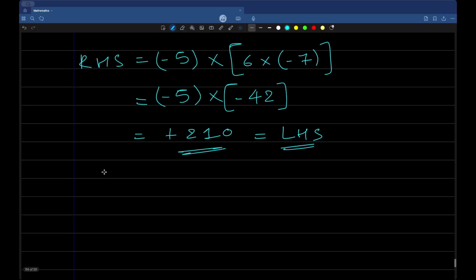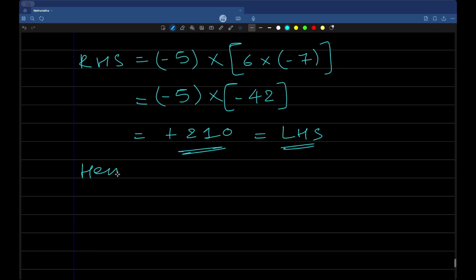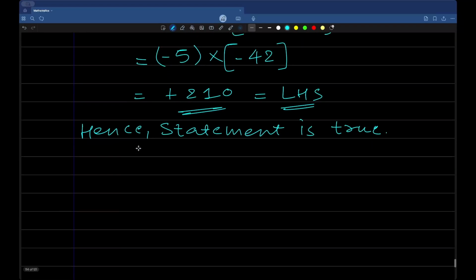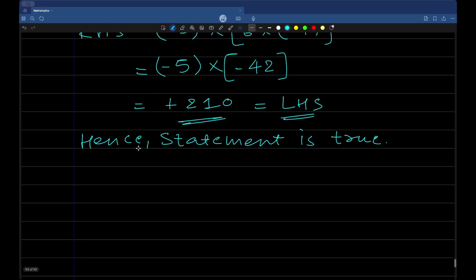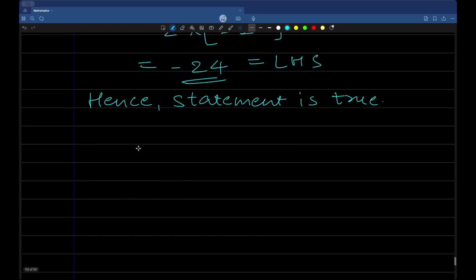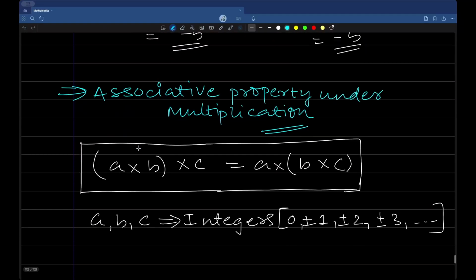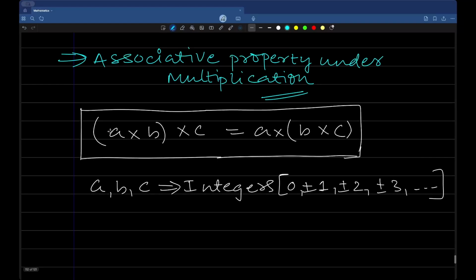So hence statement is true. We can take any three integers a, b, and c, and this condition will be satisfied.